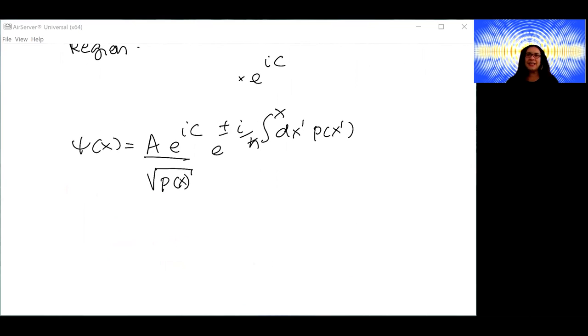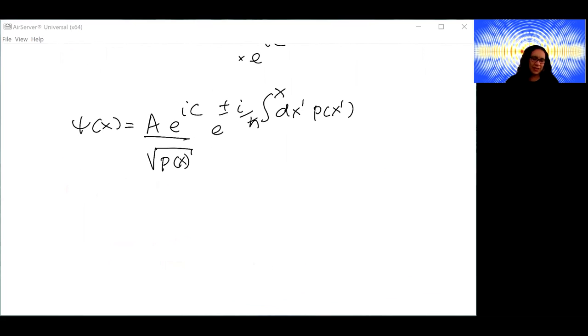And if we write this, the general wave function in this region, for the classical allowed region, make it in blue, looks nicer. General WKB wave function.